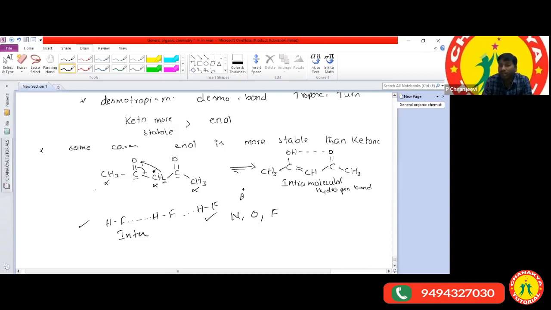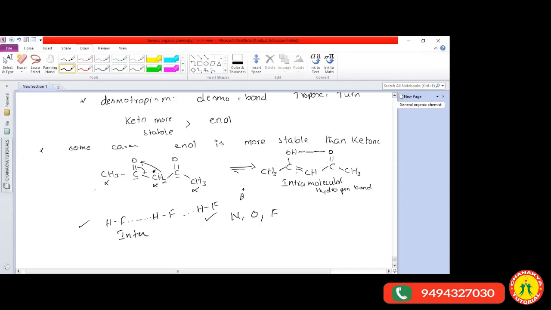What is the effect of intramolecular hydrogen bonding? Due to its presence, it forms a cyclic ring. If you see clearly, it looks like a cyclic ring, na? Anjan, after formation of the hydrogen bond, the given molecule looks like a cyclic ring or not?